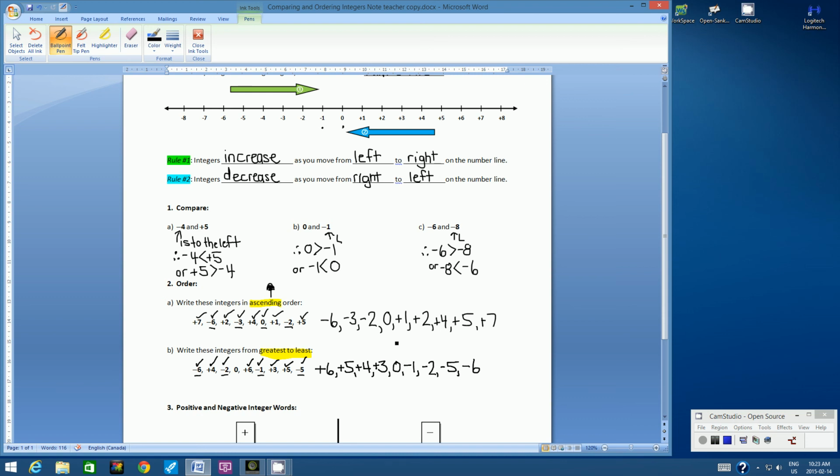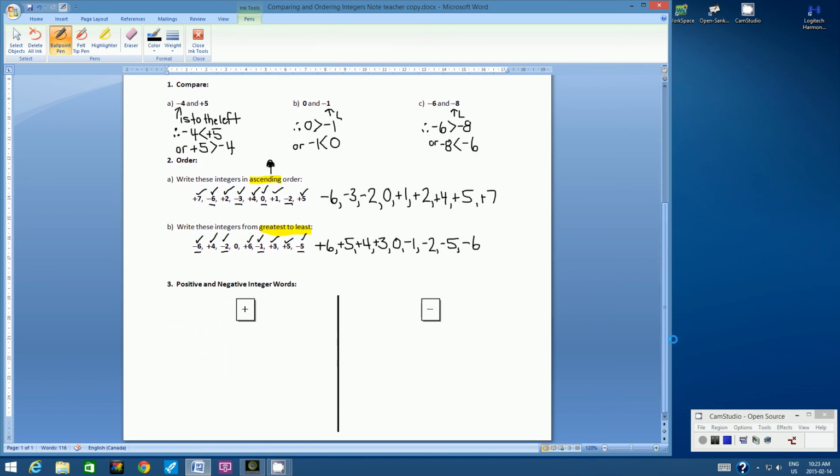Okay, so that's the second type of question that you'll be asked when you need to compare or order integers. So the last part of the note is just going to be for reference so that you can identify what type of integer it is. An example of a positive integer word is, let's say, gain.